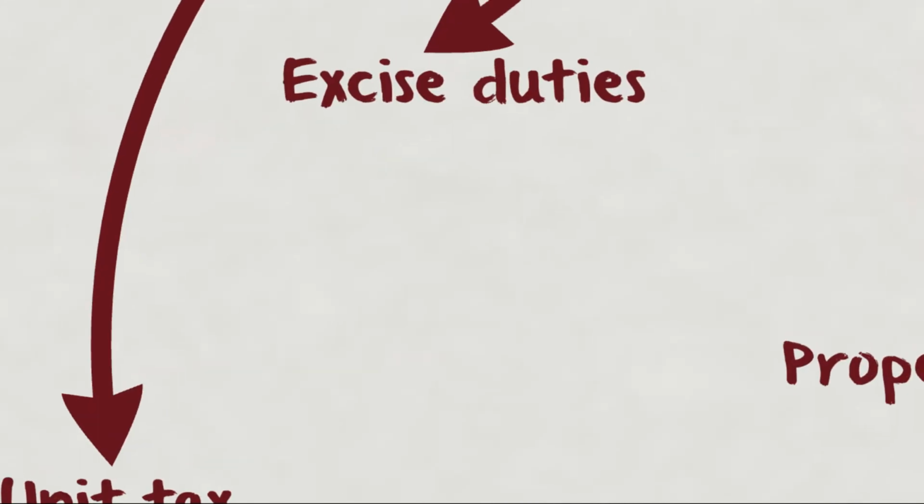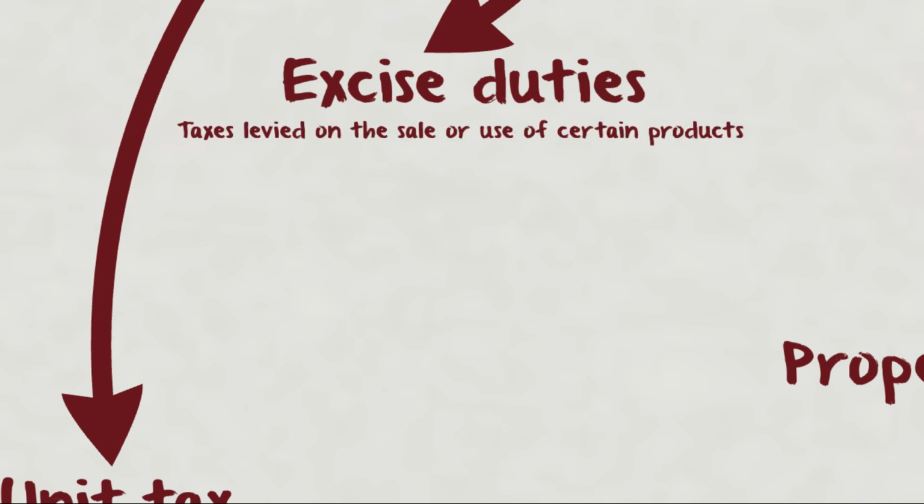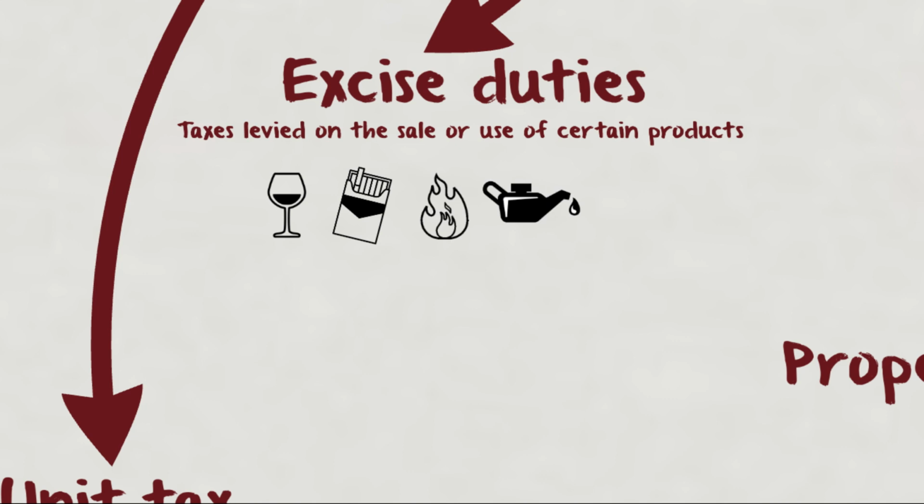Now let's move on to looking at excise duties. Excise duties are taxes levied on the sale or use of certain products. For example, it might be things such as alcohol, tobacco, energy, mineral oils, and on vehicles. These can be charged either as an amount per quantity, so a unit tax, or a percentage of the value of the product, ad valorem, or even both.